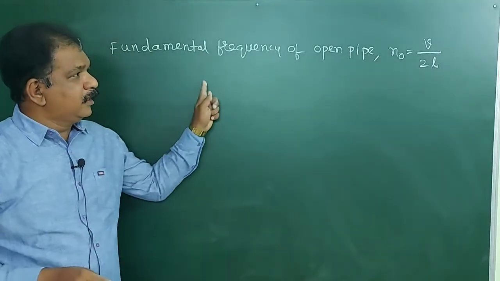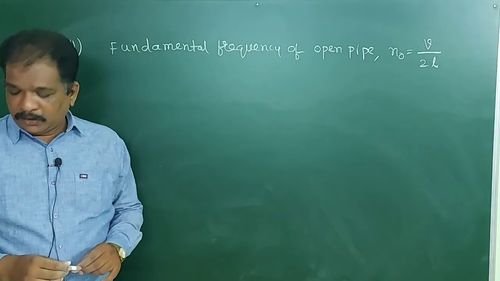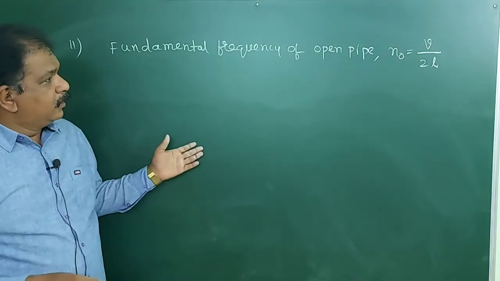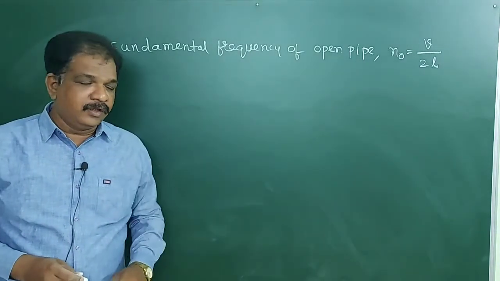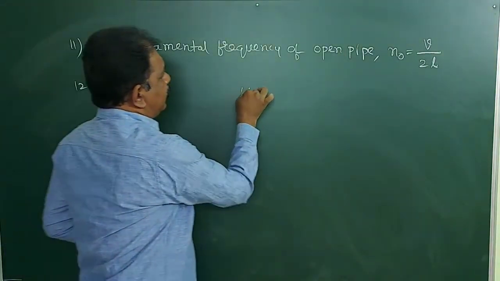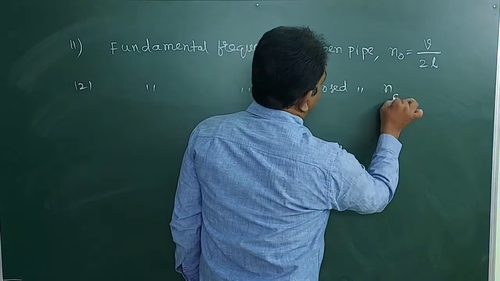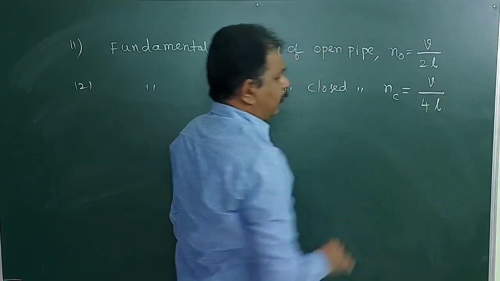Fundamental frequency of open pipe NO value will be equal to V by 2L. Okay. And here the frequency ratio will be 1:2:3 and so on. Next, fundamental frequency of closed pipe NC is equal to V by 4L.